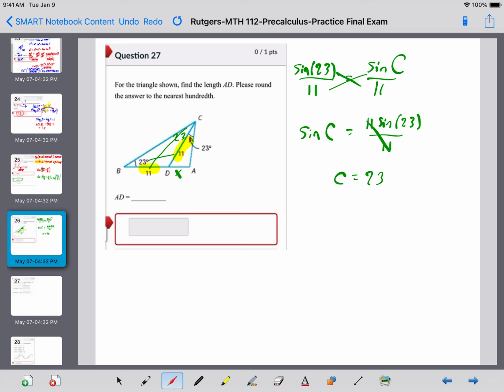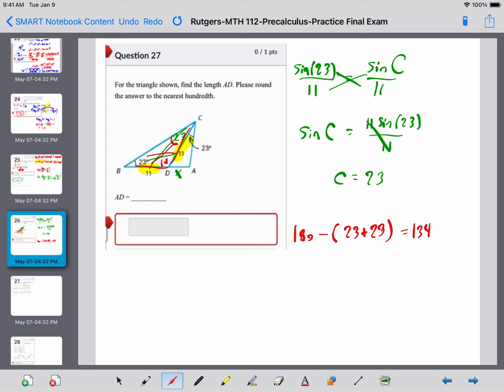So, with isosceles triangles, if you have the same side, the angles across from those sides are the same. But it was cool that we were able to show it two ways. And now, you have 23 and 23. You know the sum of the angles of a triangle are 180. So we have 180 minus 23 plus 23, which is 134.